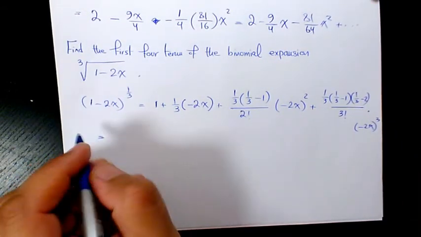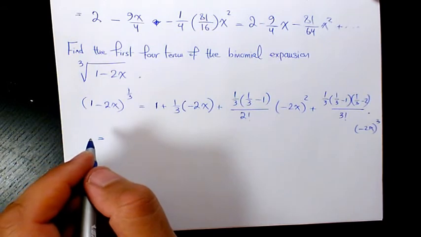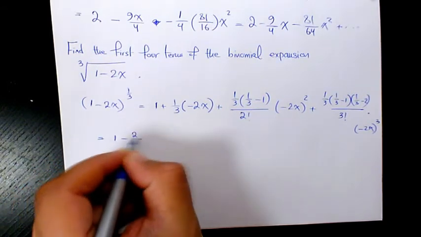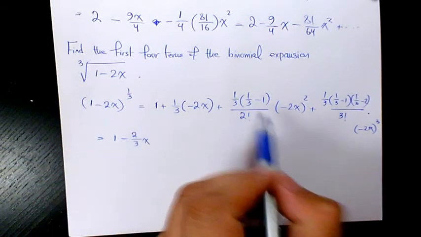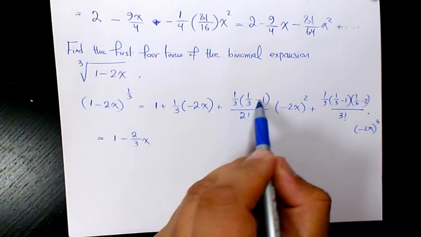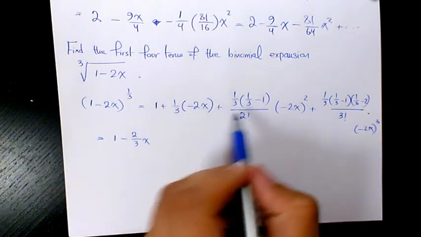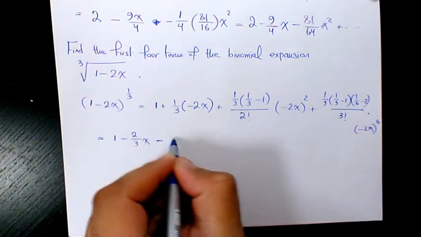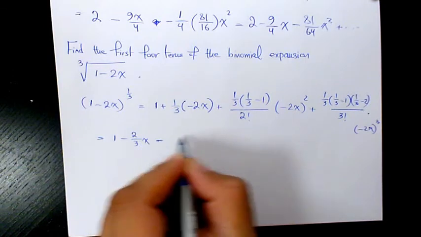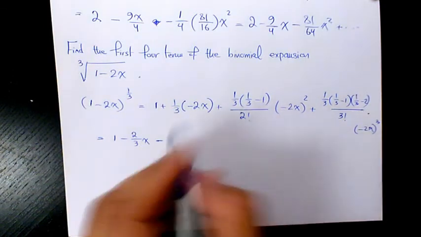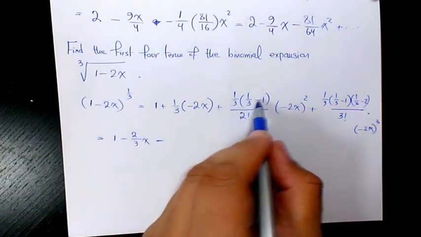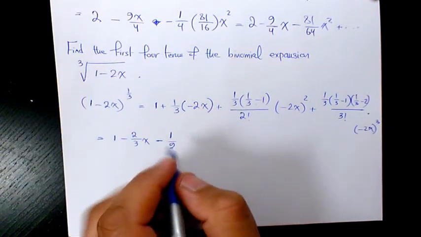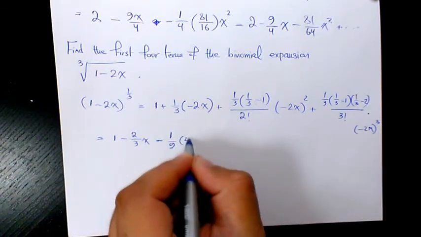That's going to be equal to 1 minus 2 over 3x. 1 over 3 minus 1 is negative 2 over 3. 2 and 2 cancel out. It's going to be negative times negative 1 over 9 times 4x squared.